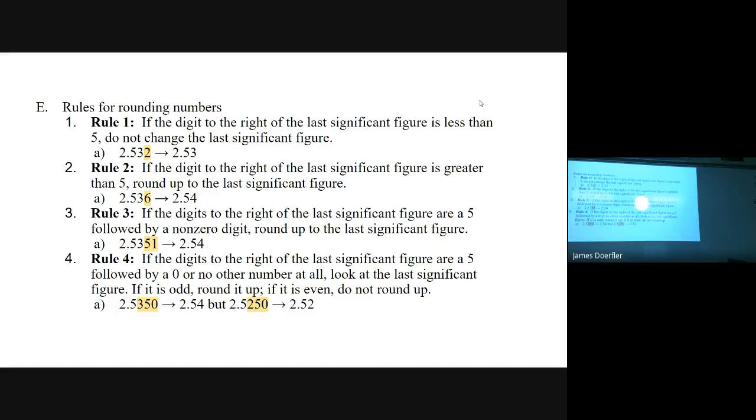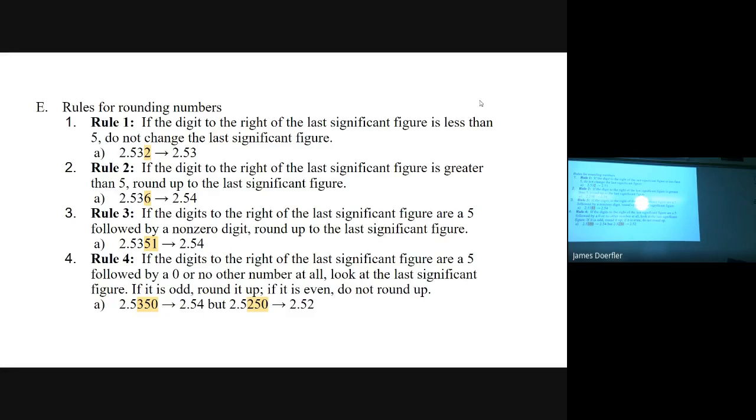Rule 2 goes along those same lines. If the digit to the right of the last significant figure is greater than 5, round up the last significant figure. Then you might ask yourself, what if my digit is 5? Okay? I mean, usually we do 5 and up is up, and that's what we're going to do. We are going to do 5 and up, below 5, round down.